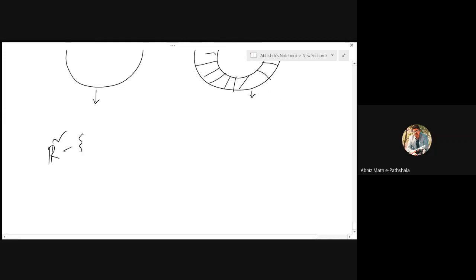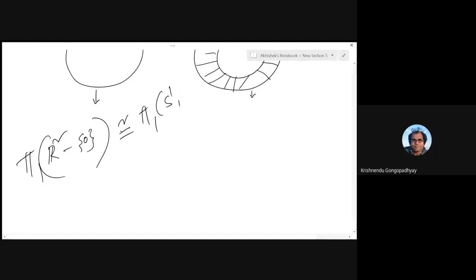So I can actually compute this one. So this is actually isomorphic to S1. So just using the fundamental group of S1, you can compute many fundamental groups of different spaces.